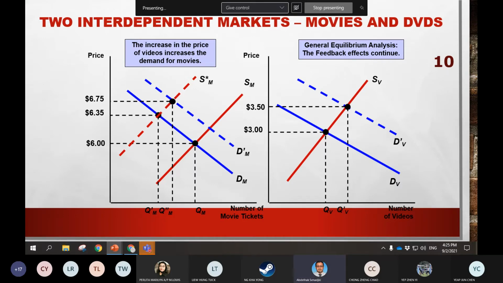Thus, here we can say that the partial equilibrium analysis would have underestimated the effect of this tax on the price of movies. So the DVD market is so closely related to the market of movies that to determine the tax's full effect, we now need a general equilibrium analysis to understand what happened.